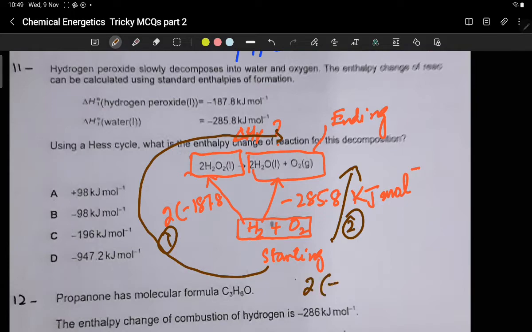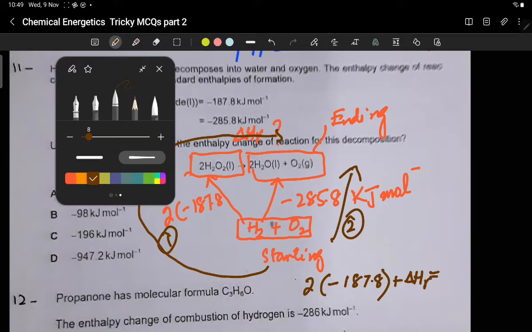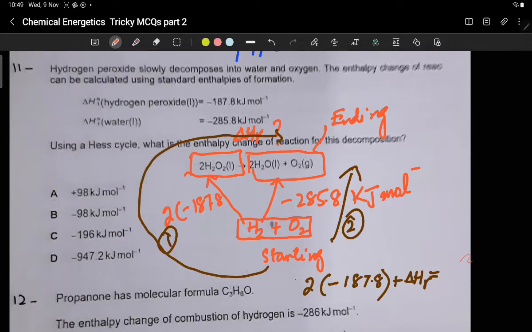2 into minus 187.8 plus delta HR is equal to minus 285.8.